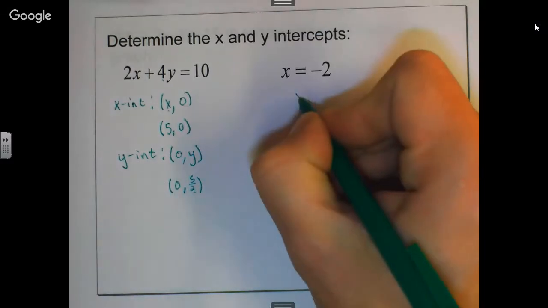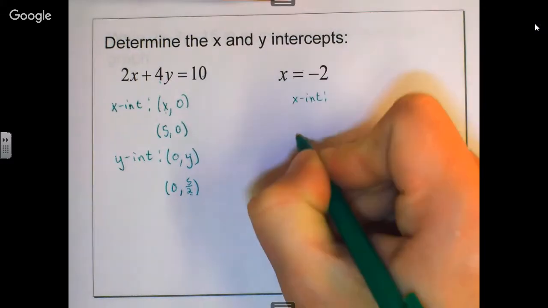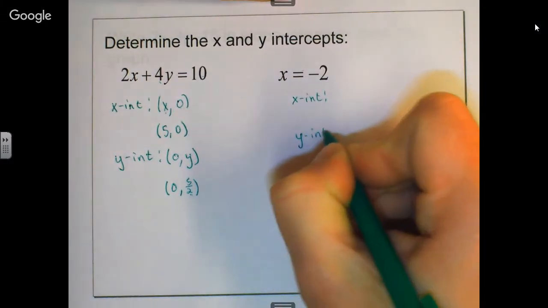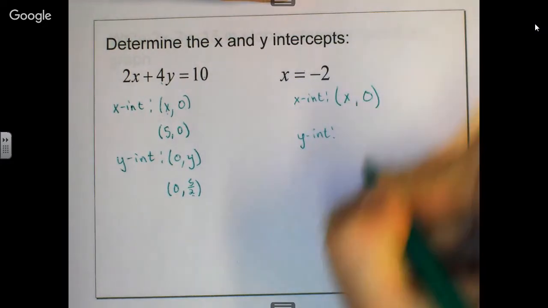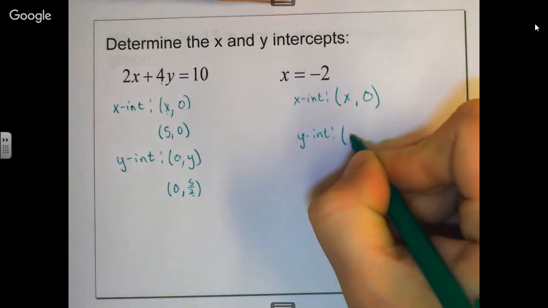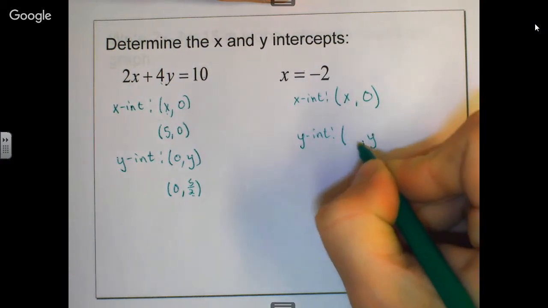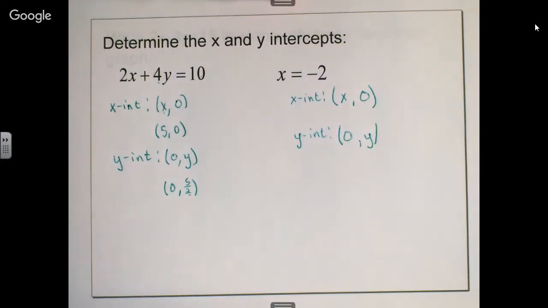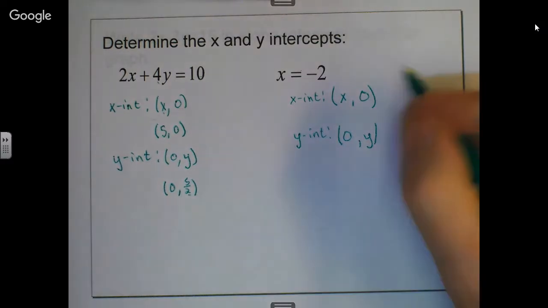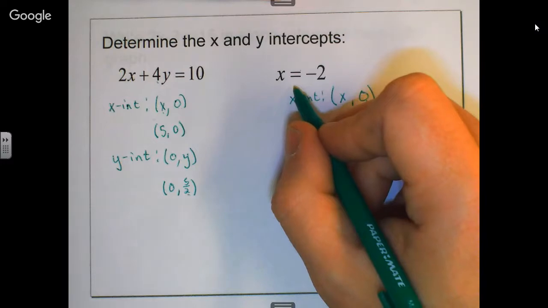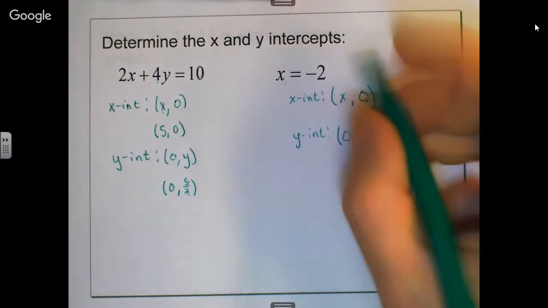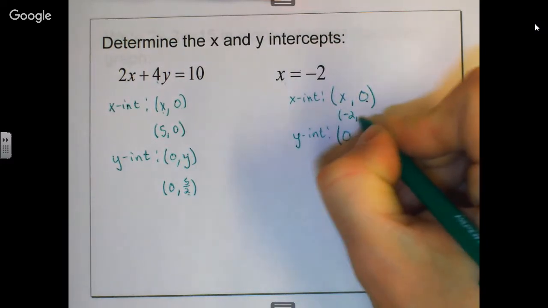Okay, so over here, x and y intercepts. For x, we want to know what x is, so we put 0 in for y. For the y-intercept, I want to know what y is, so we put 0 in for x. Well, if I put 0 in for y, you notice there isn't a y, so I still get just x equals -2.